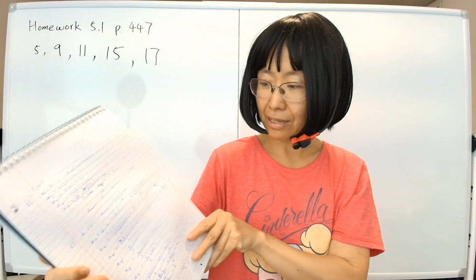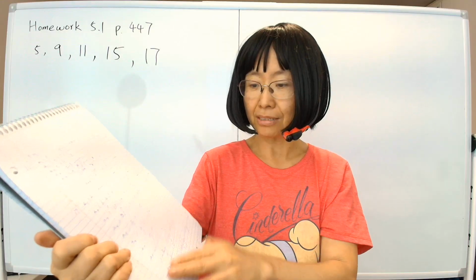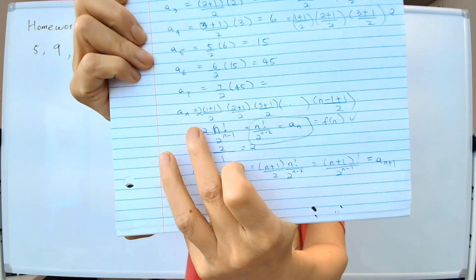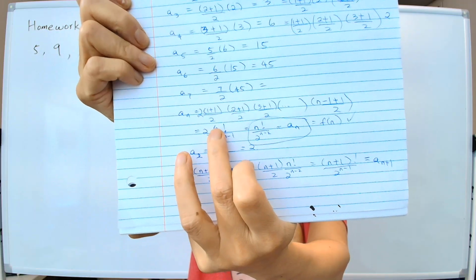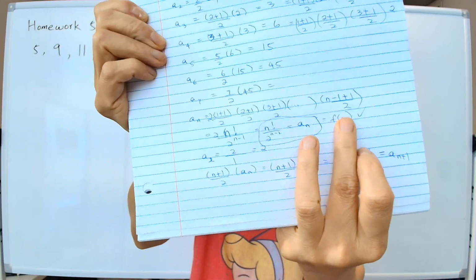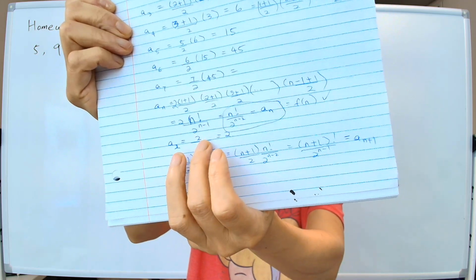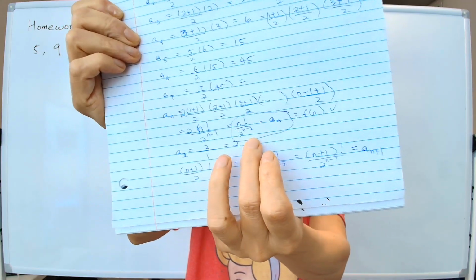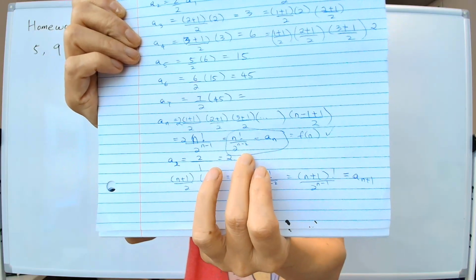And the pattern then, when you stare at that long enough, you realize the pattern is something like this. Down here, see, a_n equals 2 times (1 plus 1), (2 plus 1), all the way up to (n minus 1 plus 1). And so then you derive your pattern, okay? And that might be the answer, but you still need to prove it.